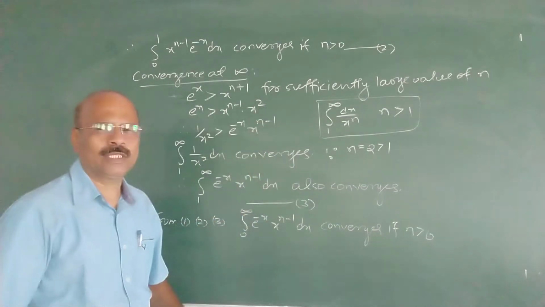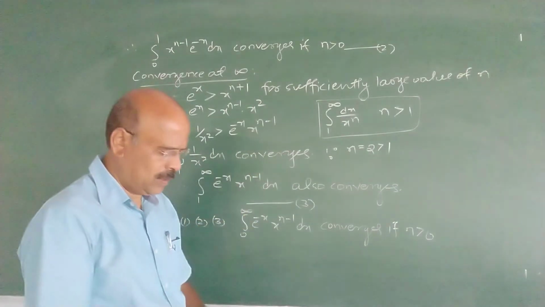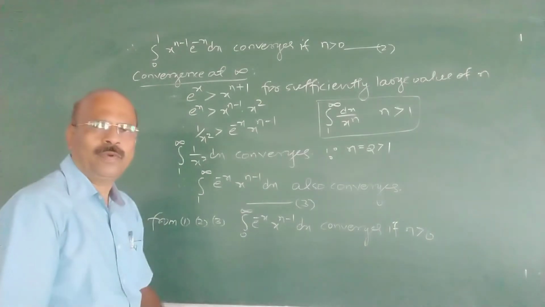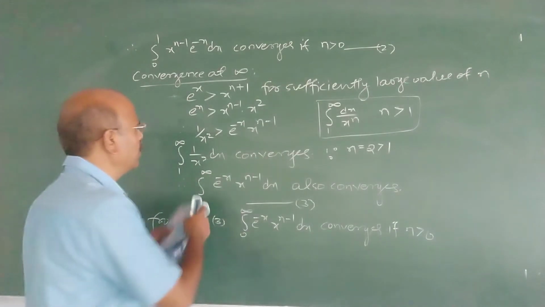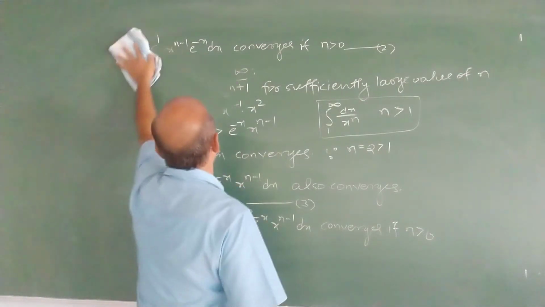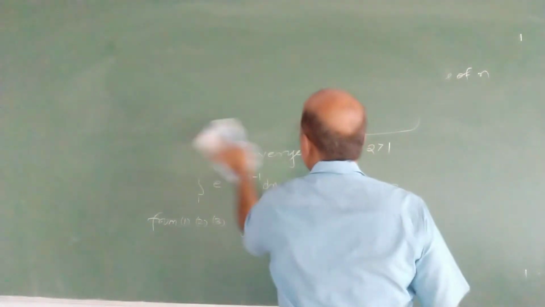So this is the convergence of gamma function. This converges if n is greater than 0 and is called gamma function. I think the method is clear. We have applied the comparison test here.